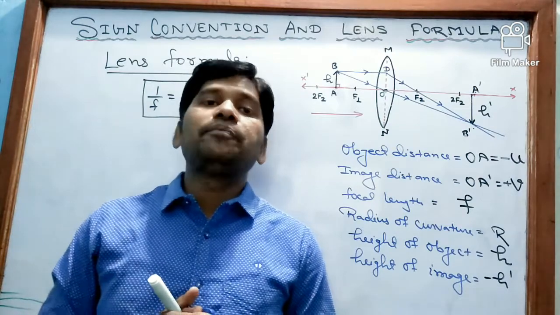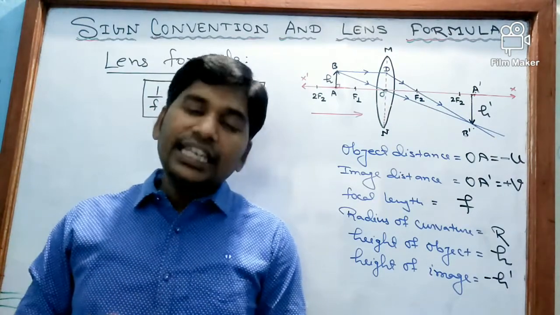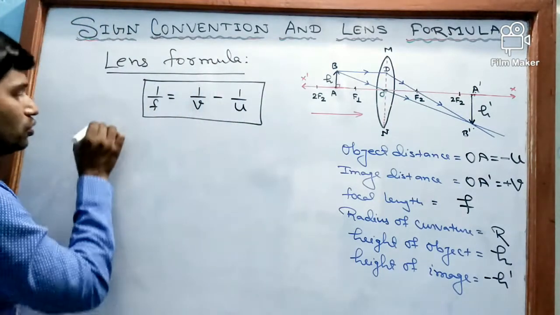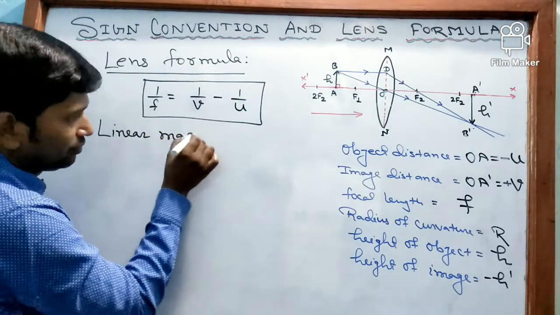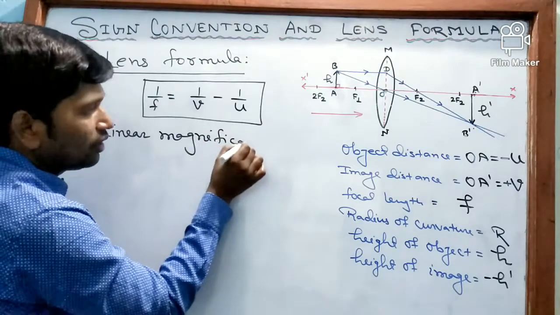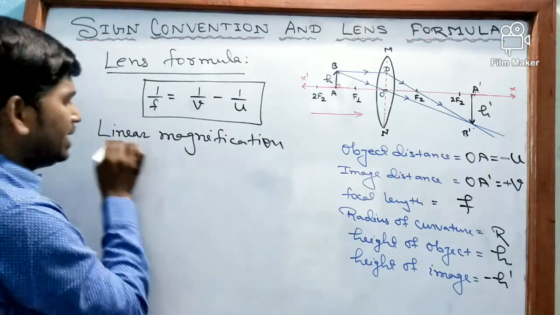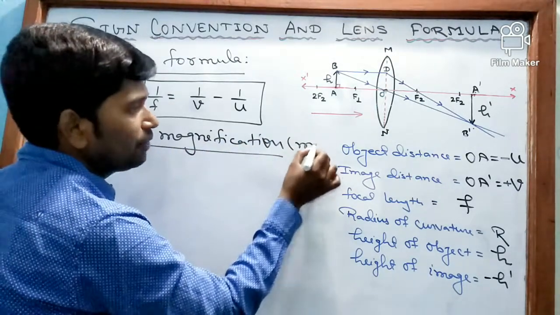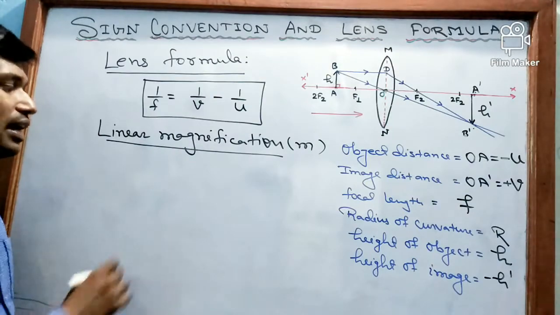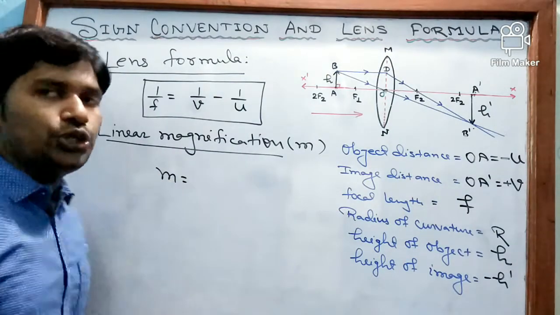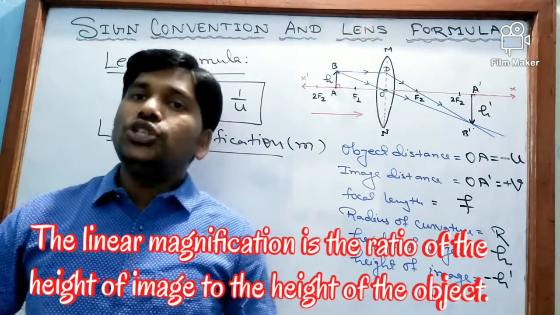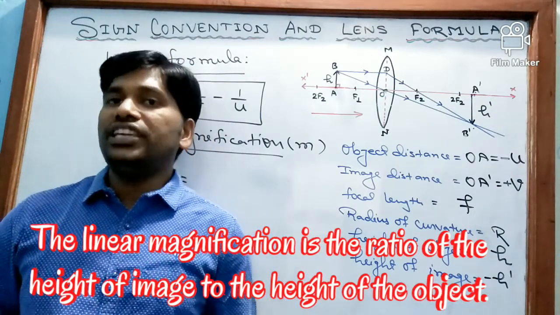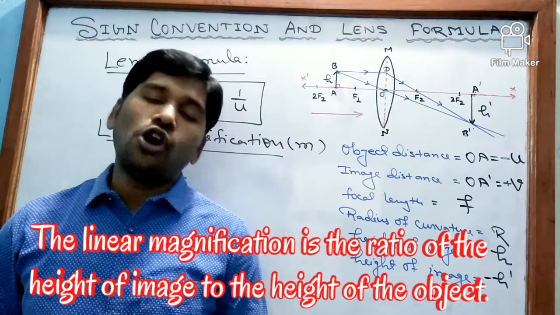Next term is linear magnification. So what is linear magnification? It is denoted by small m, and it is the ratio of the height of image to the height of object.